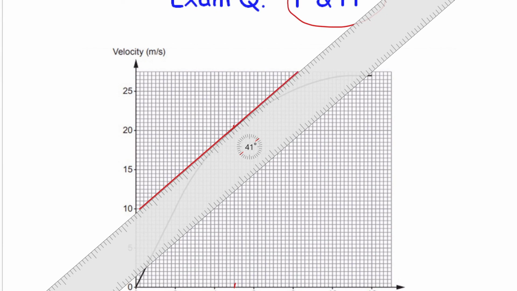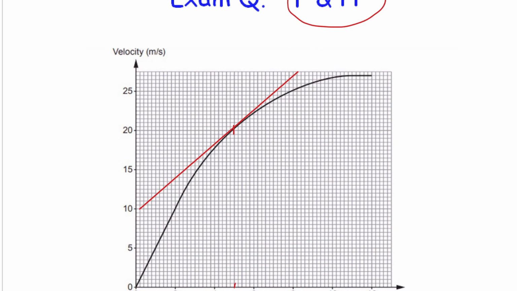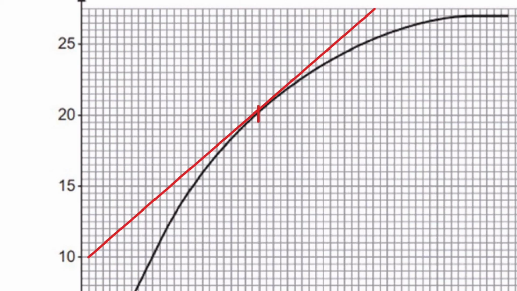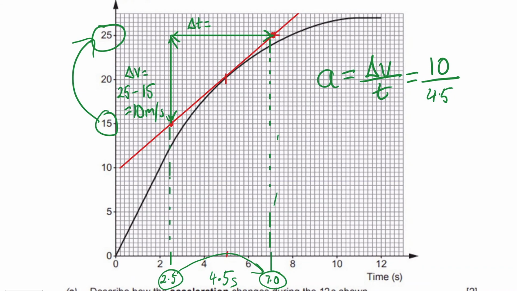By drawing a gradient, or a tangent I should say, to the graph like I've shown, to work out the acceleration at that point, what you've got to do is now take 2 points. I've gone ahead and made some notes on the graph here just to help you work out the acceleration.